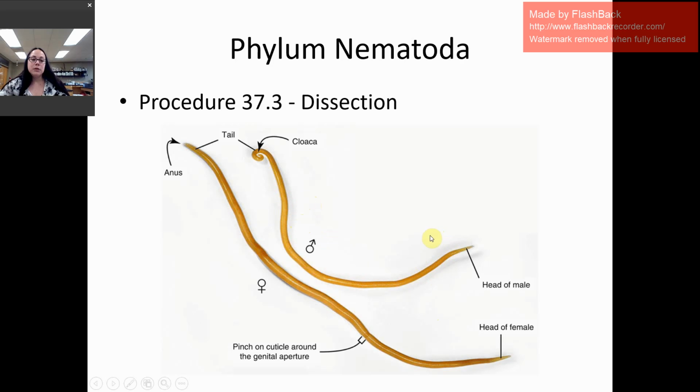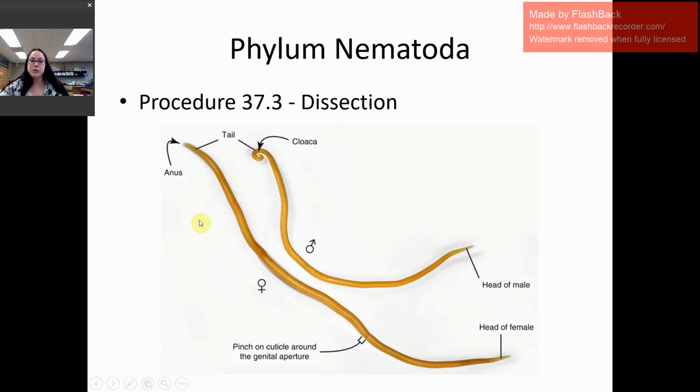On that picture, they show the head of the female, the head of the male, the tail of the male, and the tail of the female. The male is easy, because its tail is curly. For the female, if you just look at it, it's really hard.